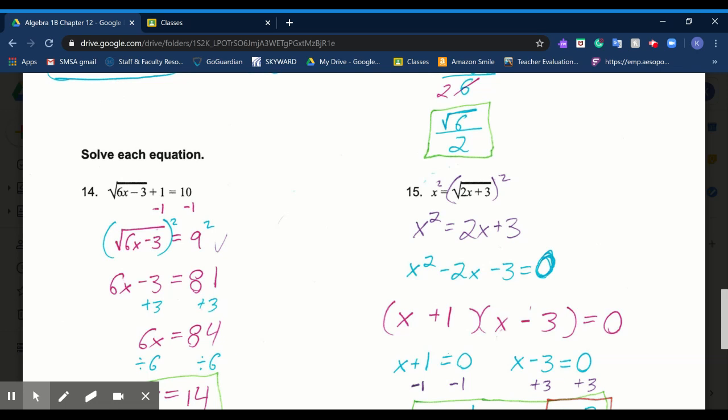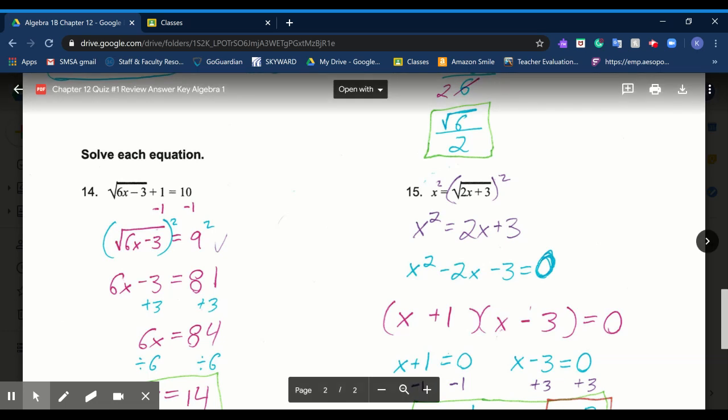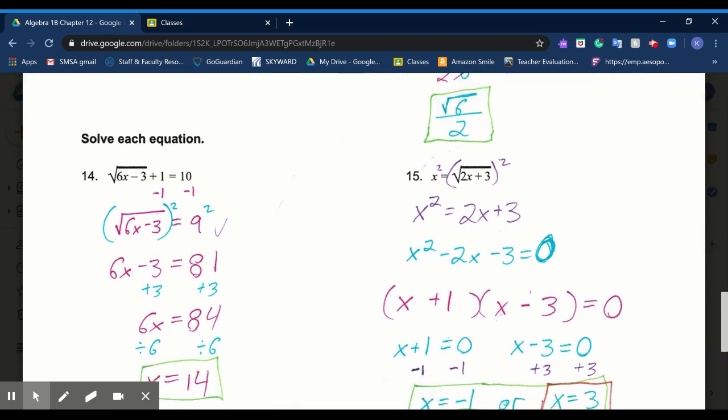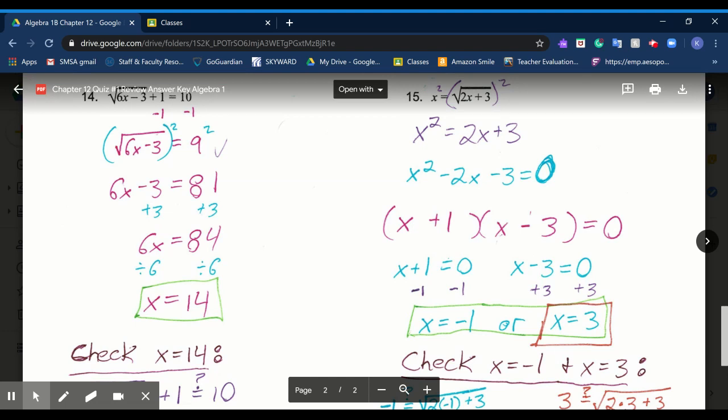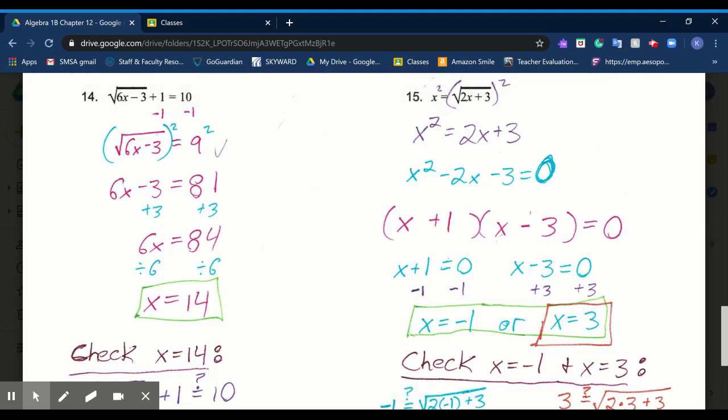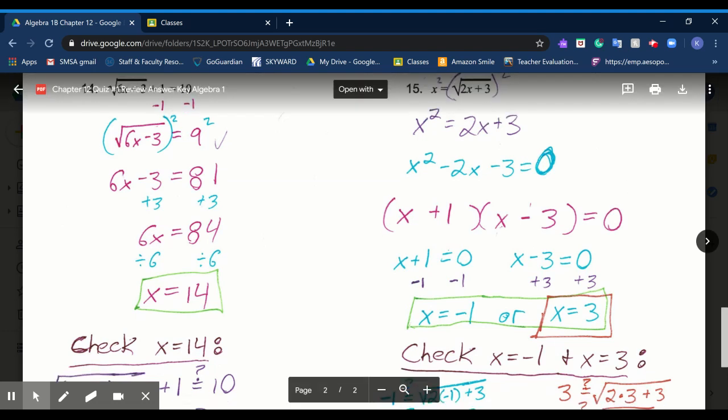And then we want to factor that by undoing the FOIL. So factoring out that trinomial, it would become x plus 1 and x minus 3. So we set each one of those equal to 0, and our 2 answers to check are x equals negative 1 or x equals 3.